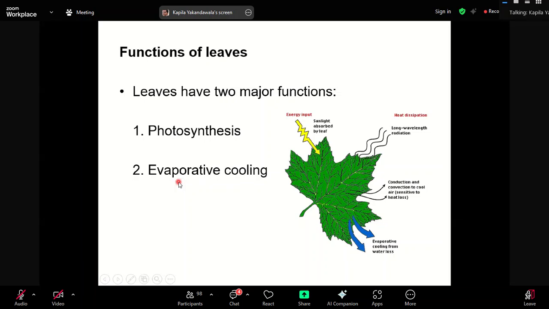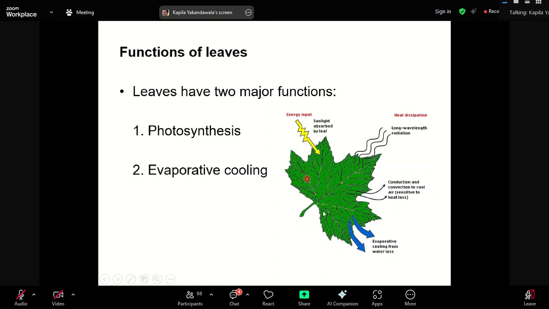Apart from that, it has another important function, evaporative cooling. When leaves evaporate water through transpiration, for water to become vapor you need some heat or energy. Plants obtain that energy from the outside heat or solar radiation.